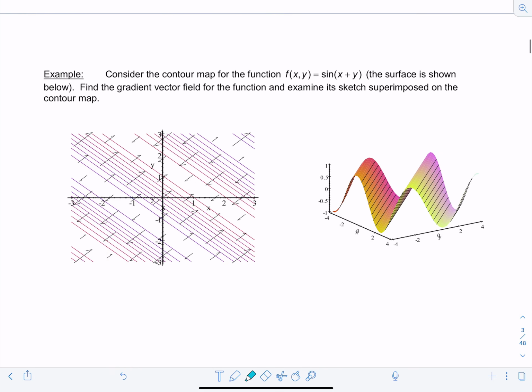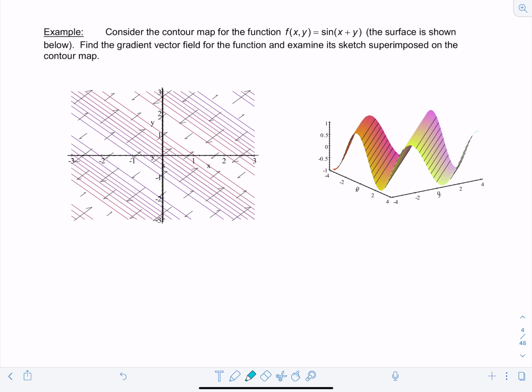Now let's look at one last graph here. We have the contour map for the function f of x y equals sine of x plus y. And the surface is shown below right here. So this is the function in space, sine of x plus y. And we are asked now to find the gradient vector field for the function and then examine its sketch superimposed on the contour map.